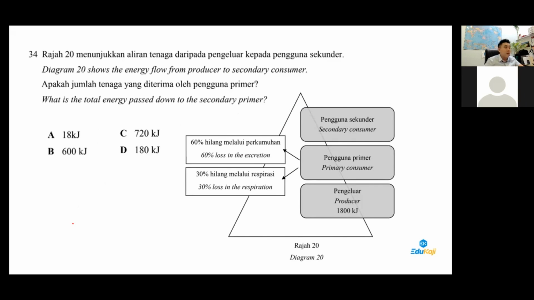So energy flow. What's the total energy passed to secondary? So 34 here, this one will be 180, left 18 kilojoule.